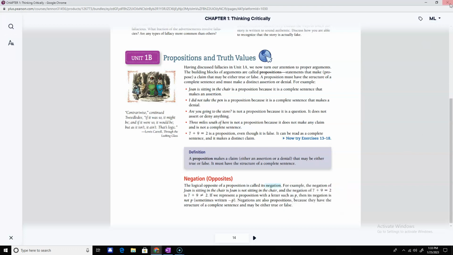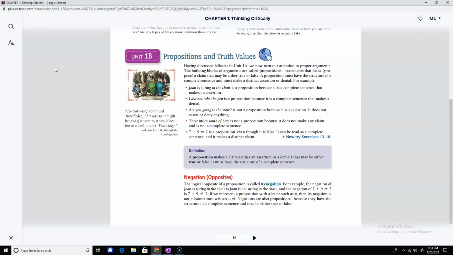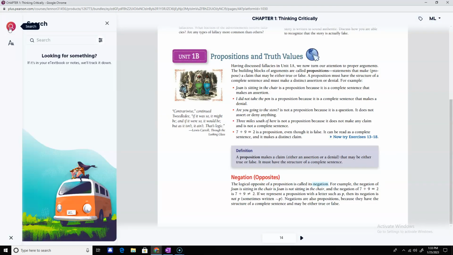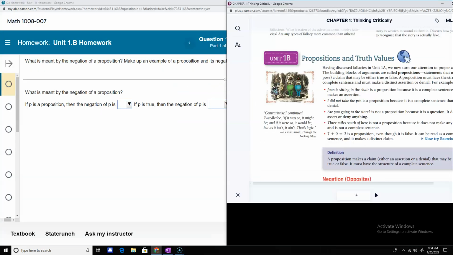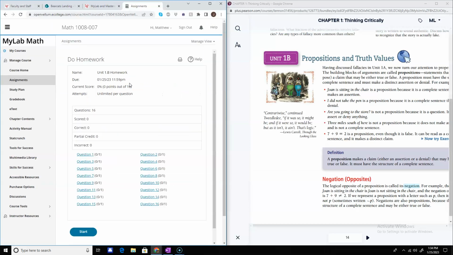Typically, you should be able to search. It doesn't look like it's working for me right now, but anyway, we found it right here. The logical opposite of a proposition is called its negation. So for any of the definition style ones, you can go ahead and do that.